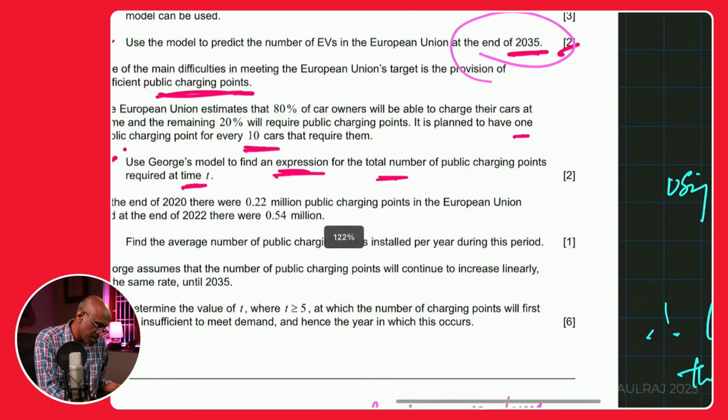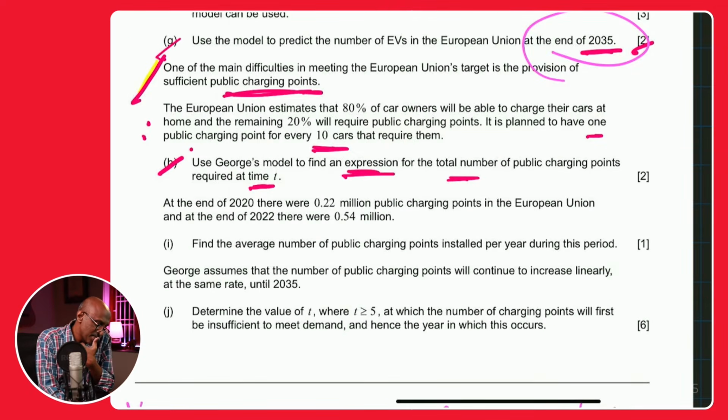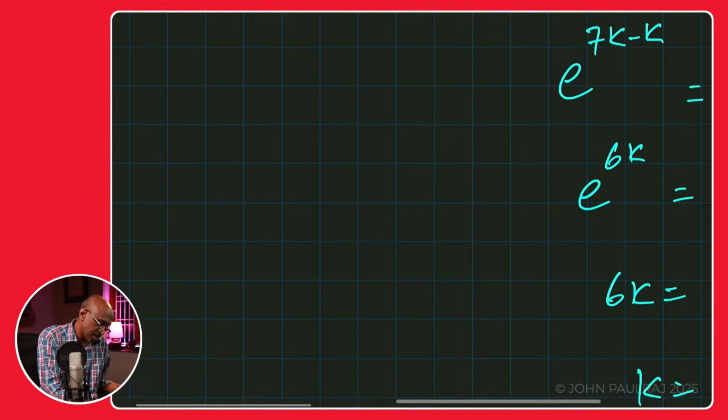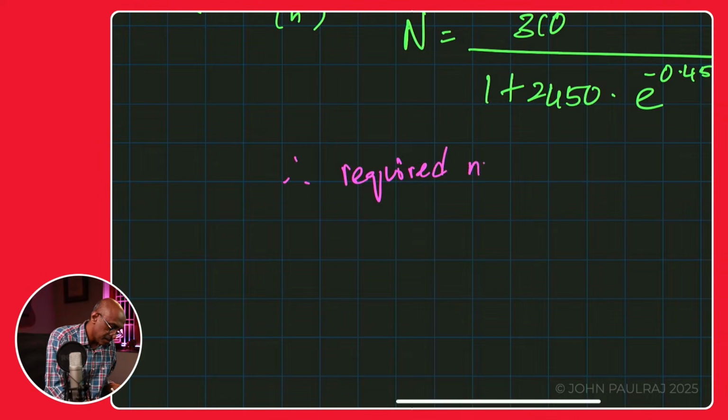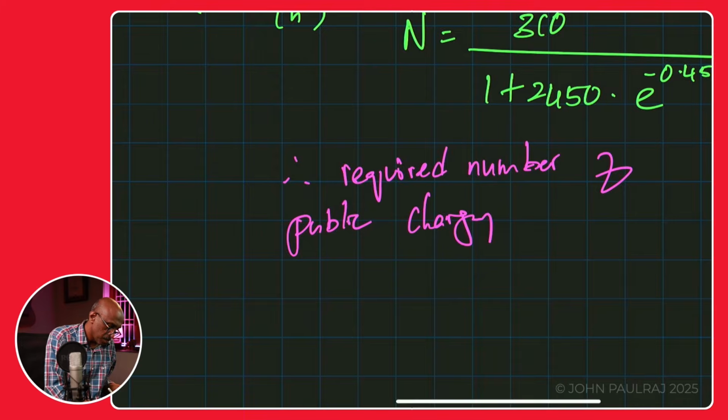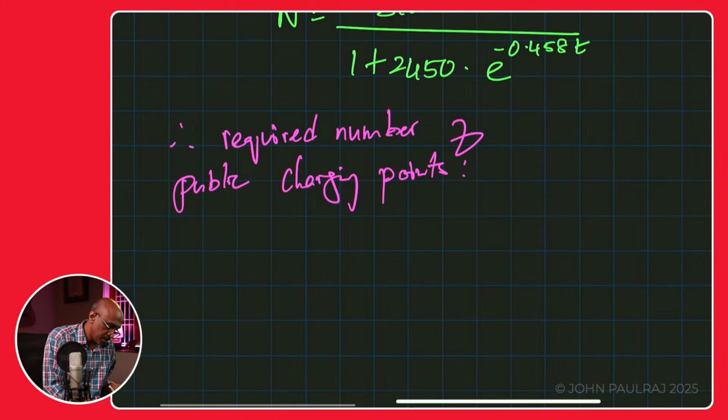We can use the expression and say that therefore the required number of public charging points at time t is basically 0.2 times 0.1 of the value of n.